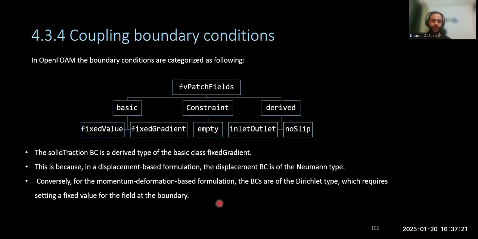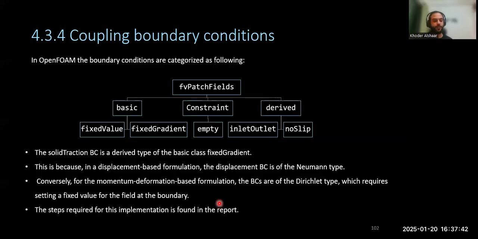So based on this information, what we will do is copy the solid traction boundary condition, change the fixed gradient base to a fixed value, and then do some implementation to make sure that the boundary condition is implemented correctly in the code.